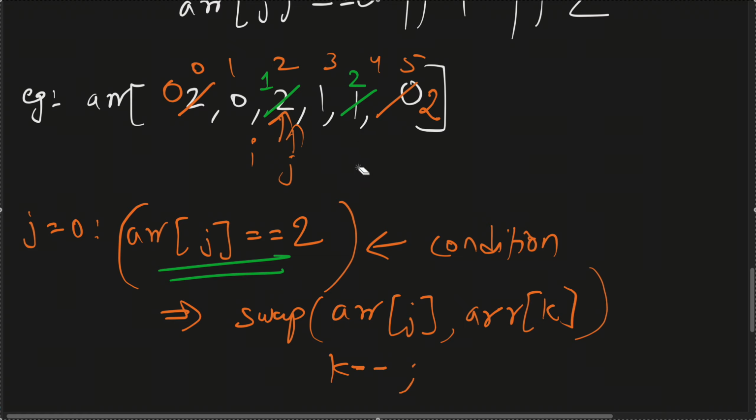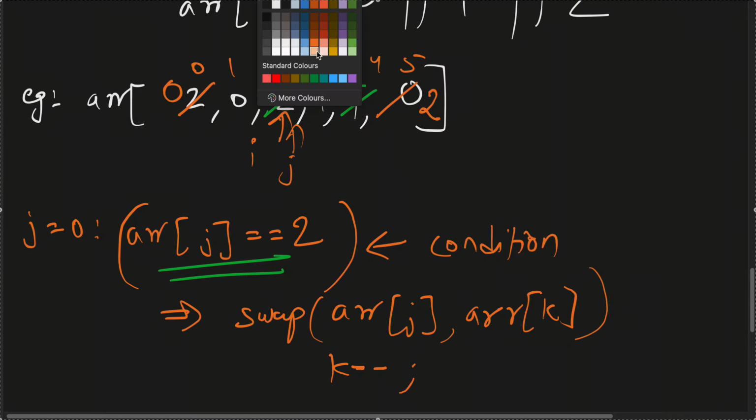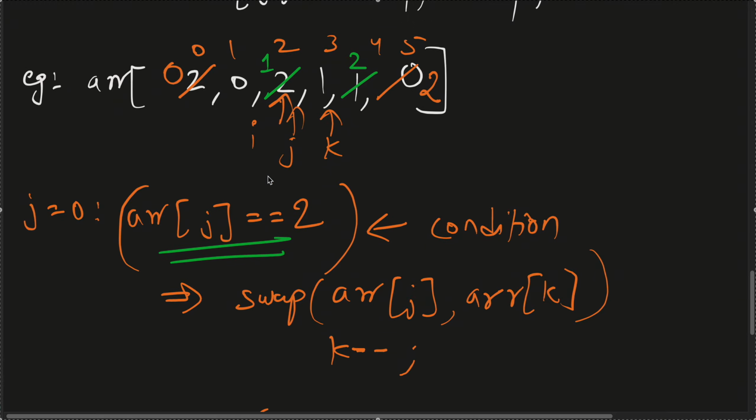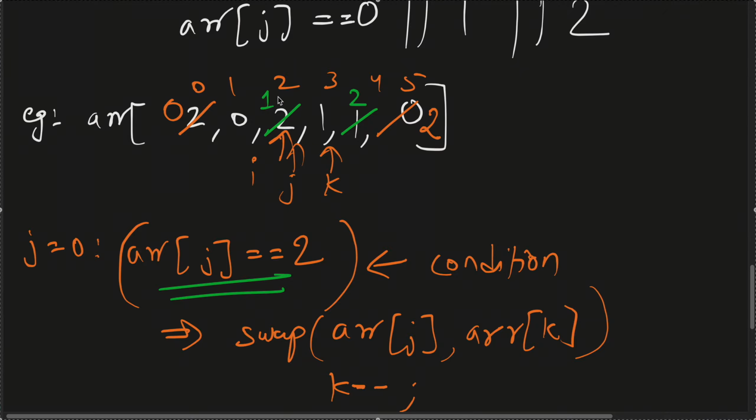So k will be here. Now k is here, right? This is how it works. Now again the j value has changed, right? So what is the updated j value? The j value is 1, right?